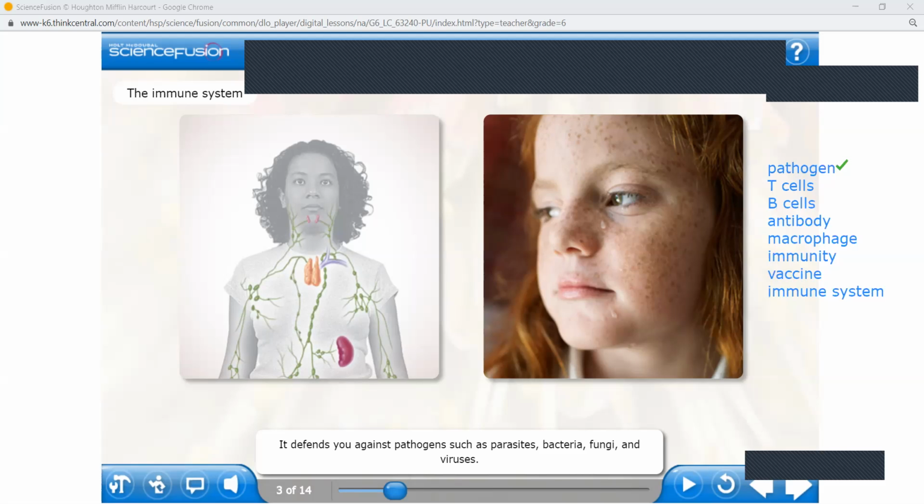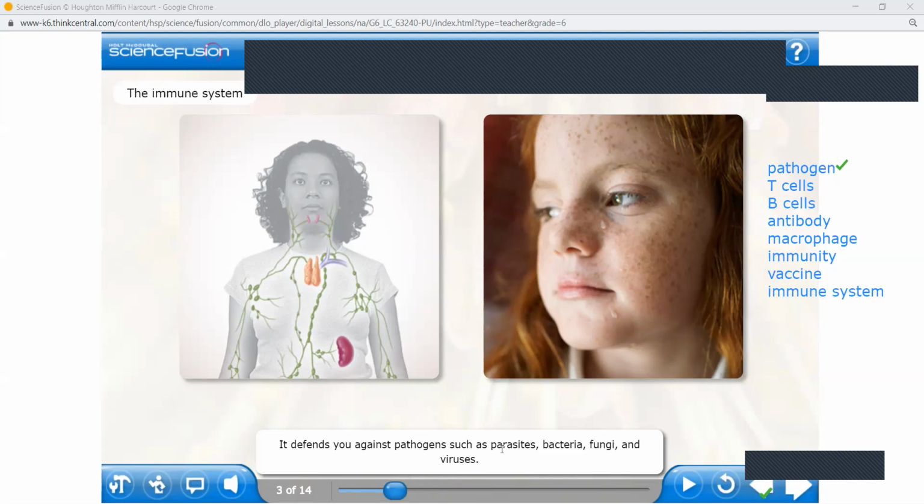Any organism or foreign substance like bacteria, parasites, fungi, and viruses. They enter the body to cause diseases. They are harmful for our body. They're not good.